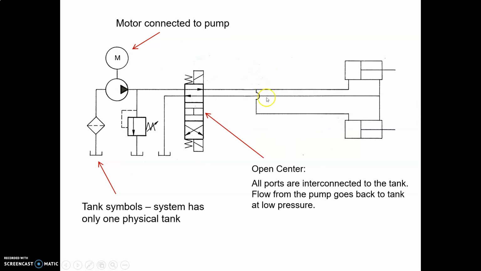I want to say something about this half circle jumping over the line. Some drafters draw solid dots where there's a connection, where one line connects into another line. Other drafters don't. I think that's kind of an old-timey way to do it.